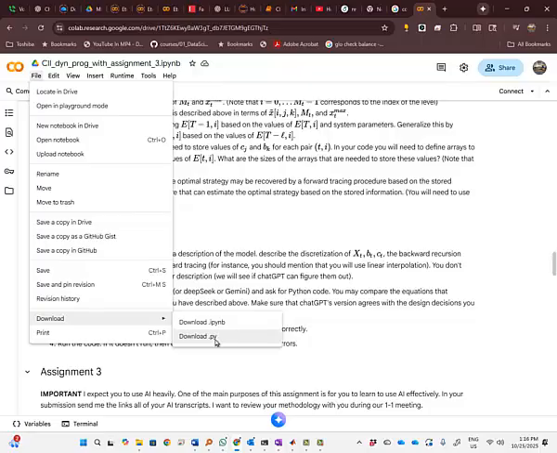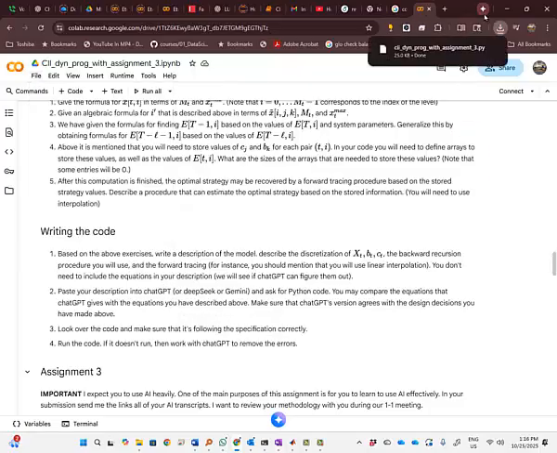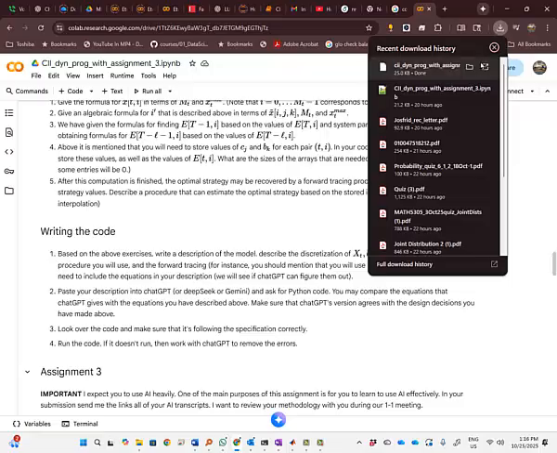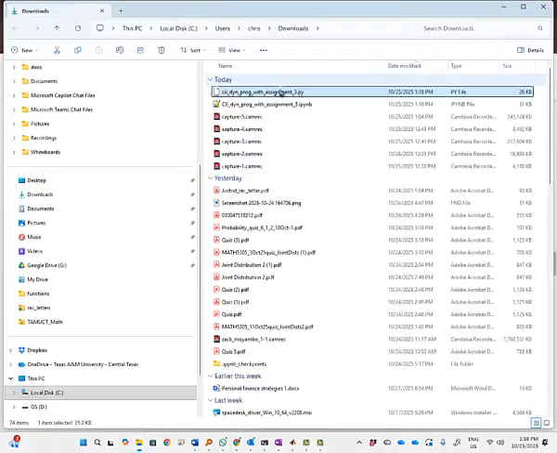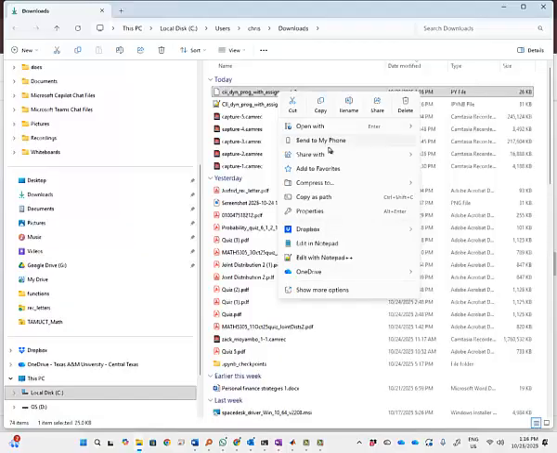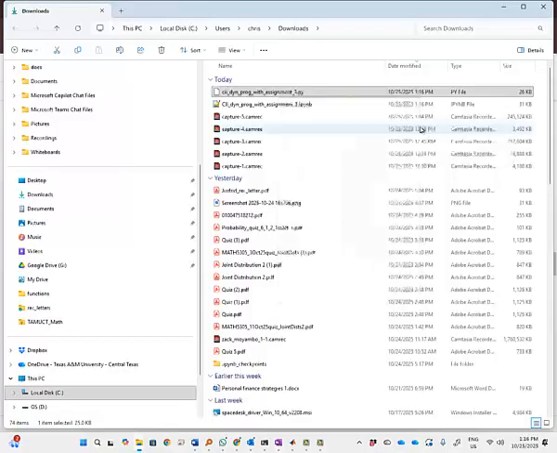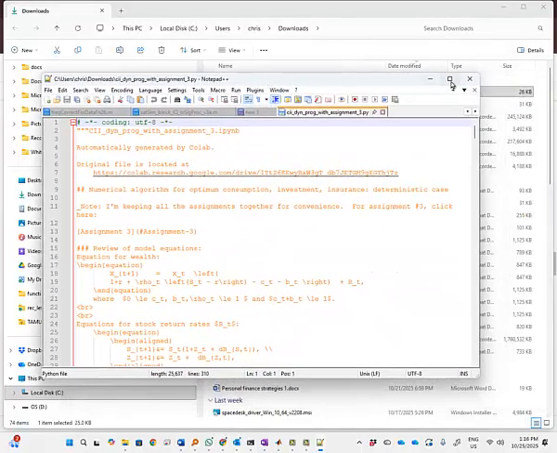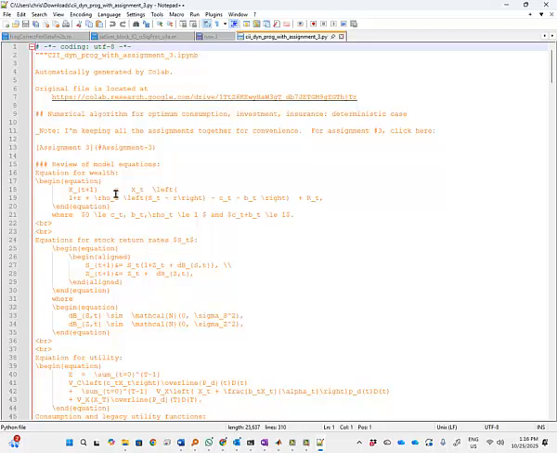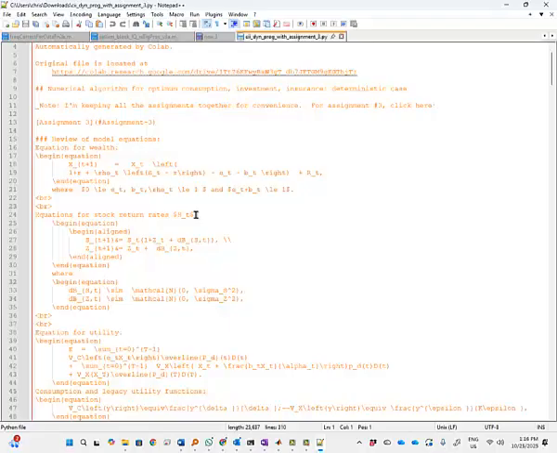If I download this .py file, it gives me a file which I can read as a text file. Here I'm going to open it with Notepad++. You can see it's a single text file, and AI understands this LaTeX, so you can paste this all in. It may be easier than pasting pictures. I think AI will have an easier time interpreting this than interpreting pictures.